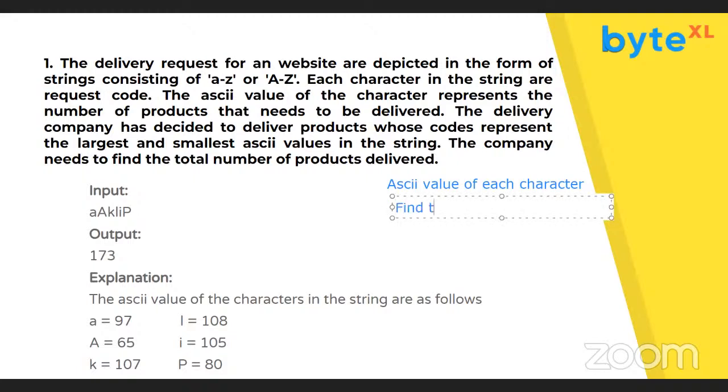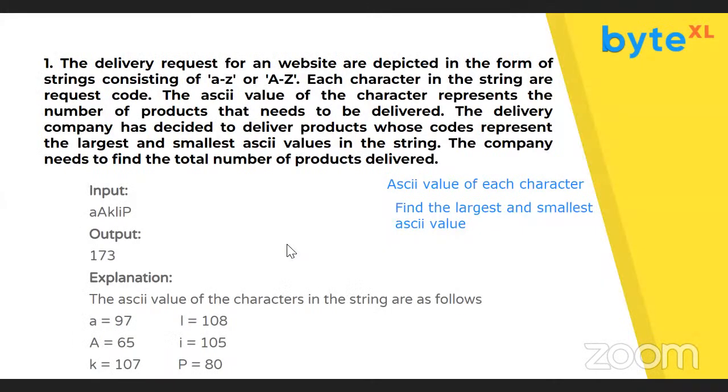So we need to find the largest and smallest ASCII value in the given string. The company needs to find the total number of products delivered.